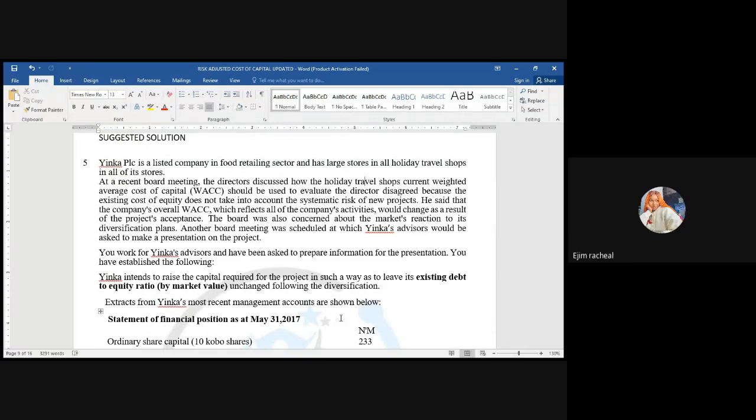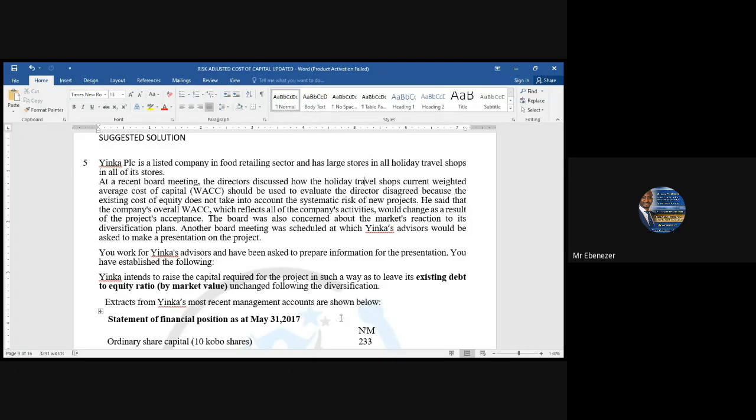Thank you. Extracts, okay. Now Yinka PLC intends to raise the capital required for the project. Of course, they have a project. They will call investors now to say, okay, this project is viable. It's part of how they will raise capital.